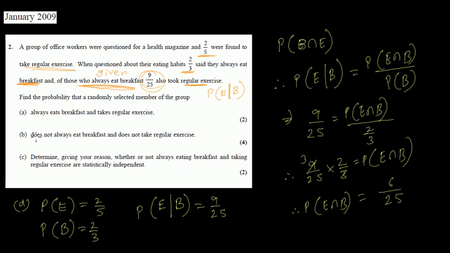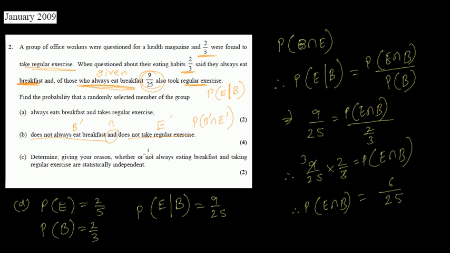Question B: does not always eat breakfast, and that means B prime, and does not take regular exercise. Does not eat breakfast is B prime, and means intersection, does not take regular exercise is E prime. So that means probability of B prime intersection E prime.